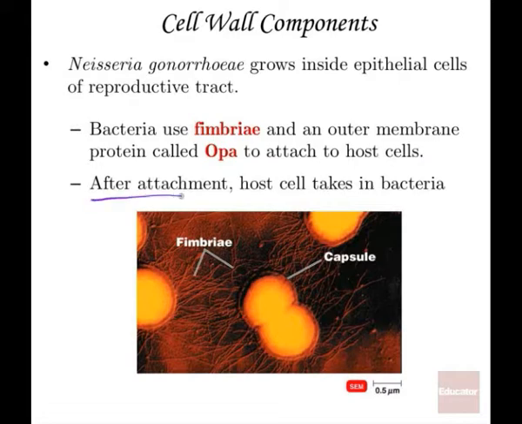So after attachment, the host cell actually takes in the bacteria through endocytosis. Okay, so here you can see the fimbriae. Here's an example, Neisseria gonorrhea, and it also has a capsule.